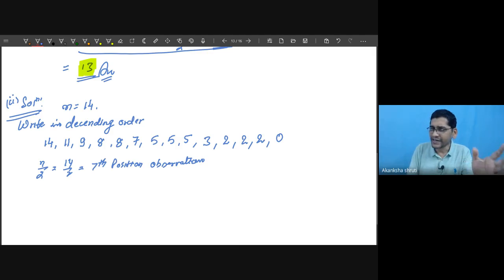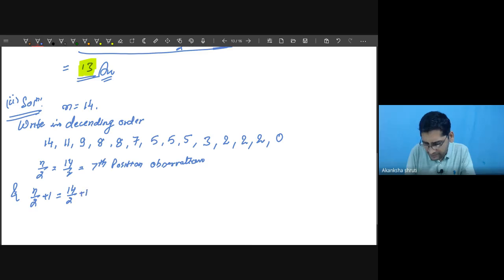You can take from beginning or end. And the other one is n by 2 plus 1. It is like your 14 by 2, first you have to calculate, plus 1. Means same as 7 plus 1, the 8th position observation. So these two observations are in the middle.